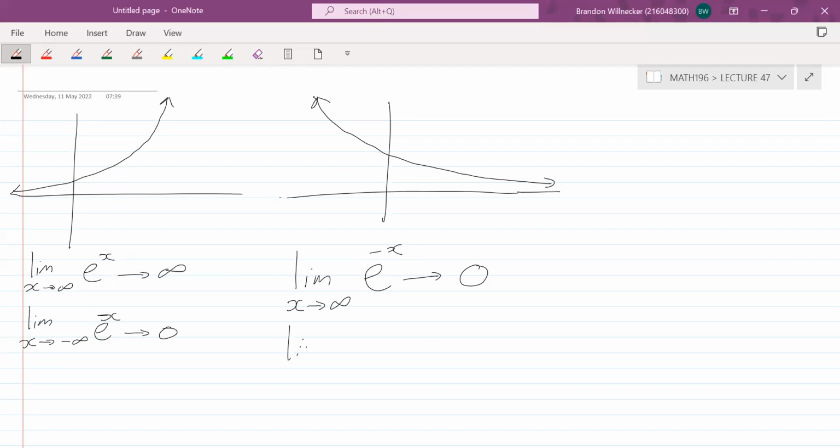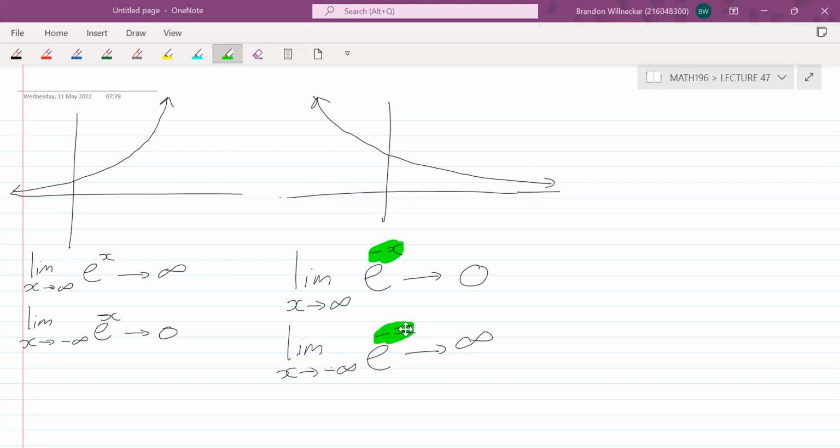If we follow this to the left, then the limit as x approaches minus infinity of e to the minus x is now going to go to infinity. So you see how the limits have swapped because we've got this minus x over here. Okay, so the minus x will swap the limits over there. So instead of being an increasing function, if we have e to the minus x, it now becomes a decreasing function.